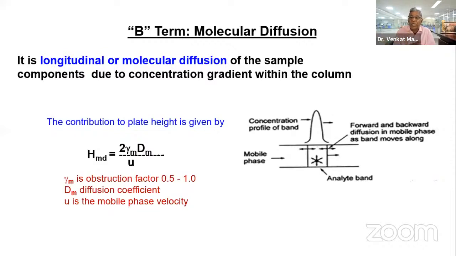There can be a small change in the concentration gradient. It causes a small spread in the peak. Therefore, you get a profile of a band, you don't get a sharp peak. It contributes, and that is why it depends upon the mobile phase velocity. There's a diffusion coefficient. It plays an important role.